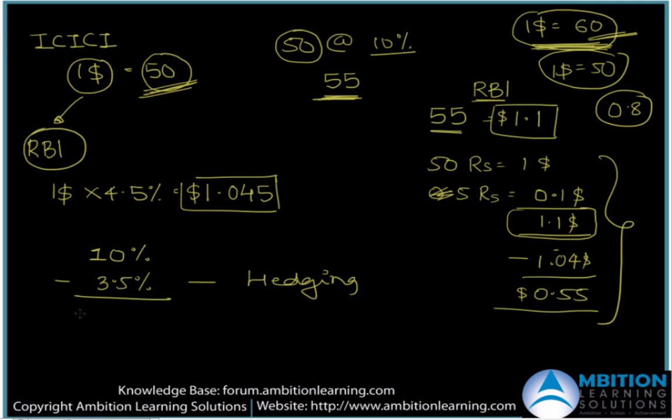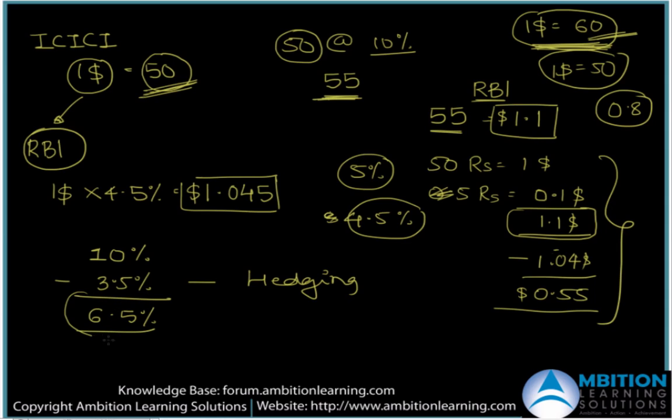So how much did I make? 6.5. Now I was offering 4.5 to the NRI before because my net income was 5%. Now my net income is 6.5%, which means my net income has gone up from 5% to 6.5%.